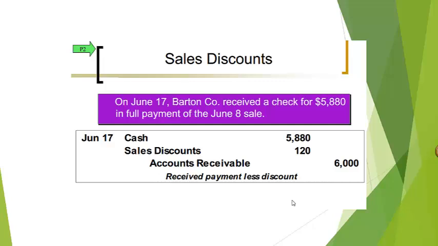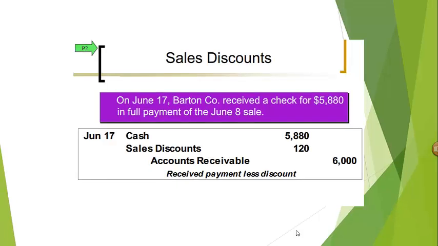However, I want to make the point that when we actually receive the discounted amount, we're not actually reducing sales. We create a sub-account, and that sub-account is sales discounts. So it's slightly different as opposed to the buyer of the inventory. Now we're looking at the seller of the inventory.